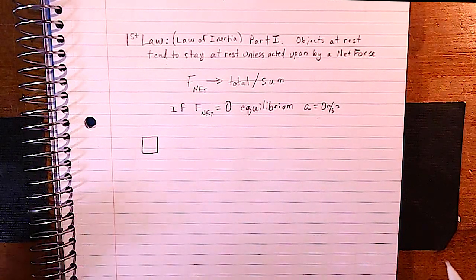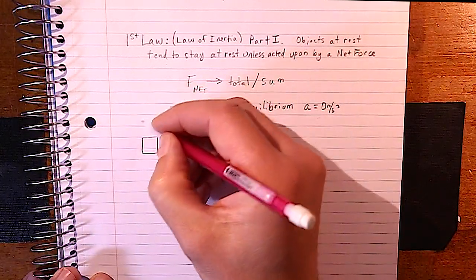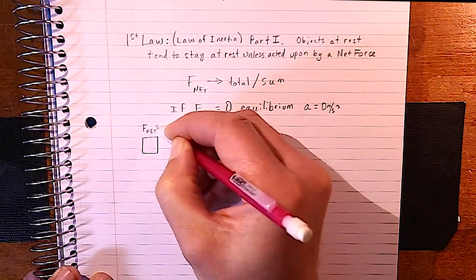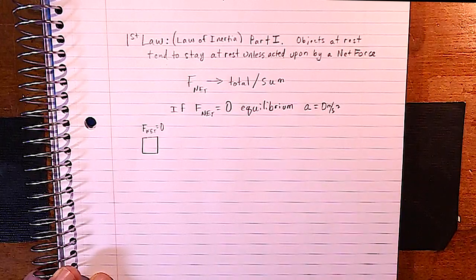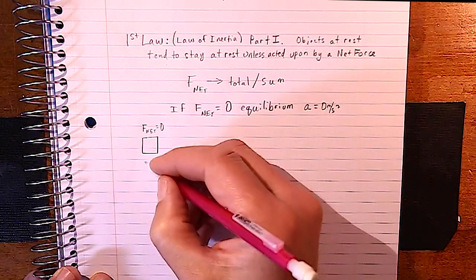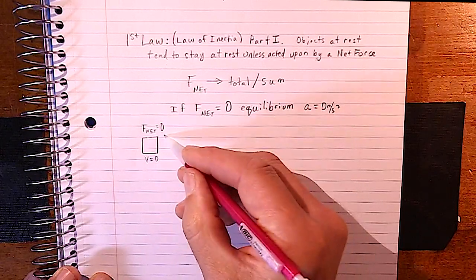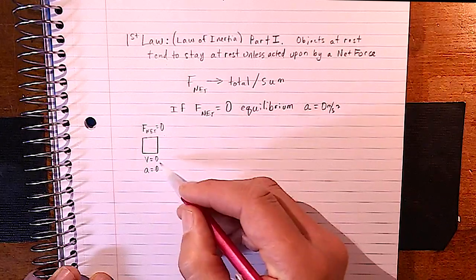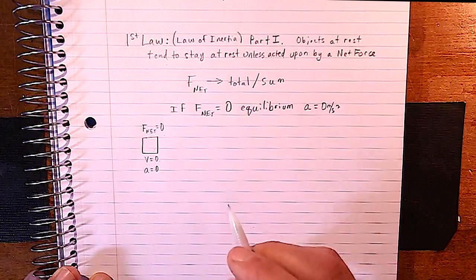Well, if the object is out in space and nobody's pushing on it, then in that case, the net force is 0 because there are no forces acting on it at all. Now, if we say at that moment it's at rest, its velocity is 0, then because there's no net force, there's no acceleration. And if its velocity is 0 and it's not accelerating, then it stays at rest.